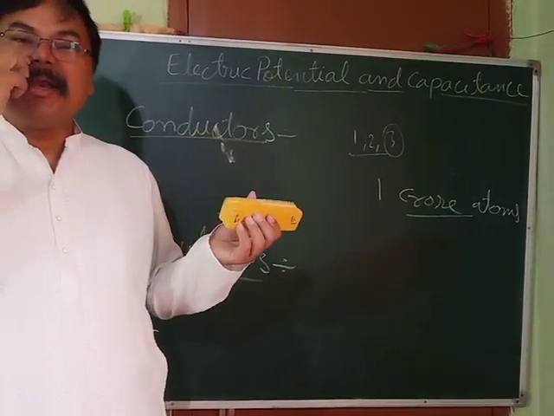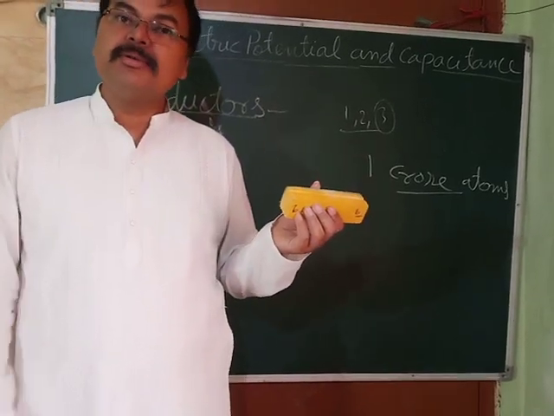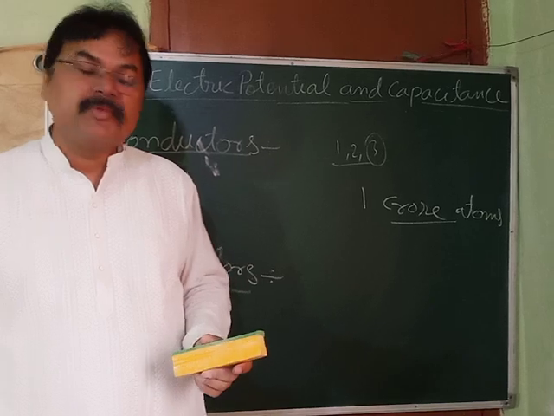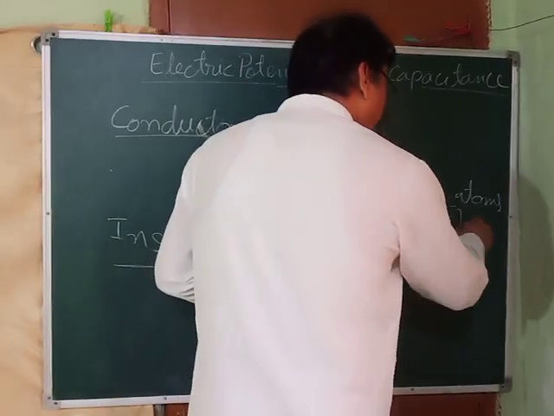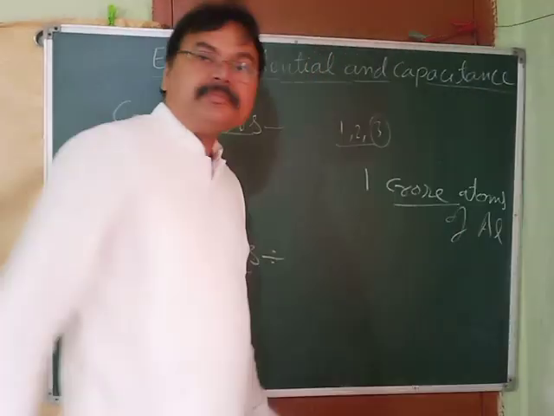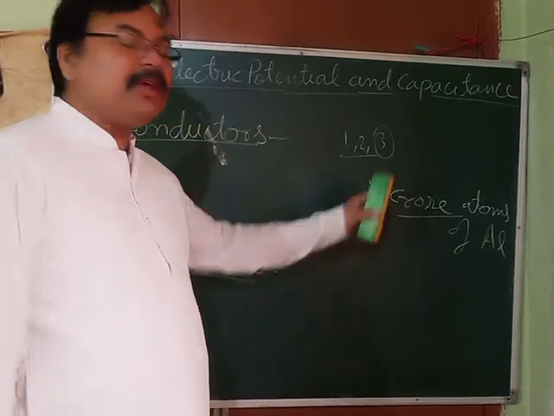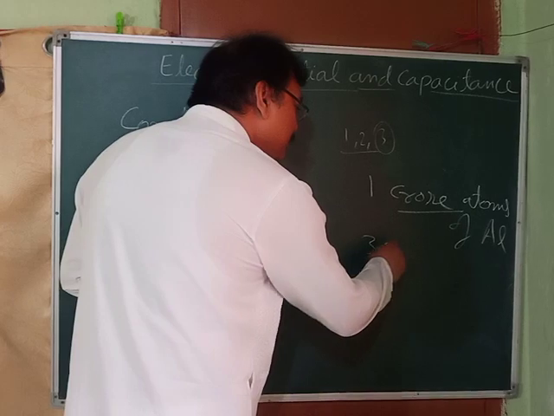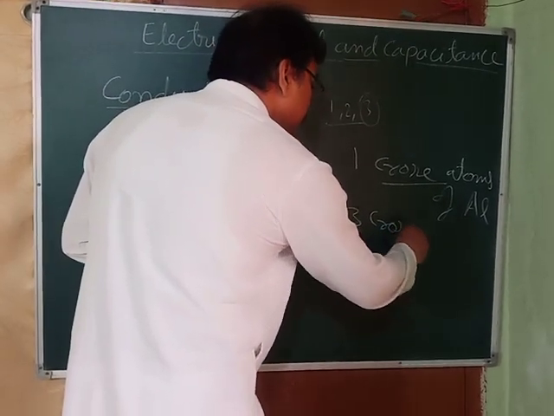Now 1 atom is going to contribute how many electrons? 3 electrons, because it is aluminium. So 1 atom will give 3 electrons, so 1 crore atoms will give how many electrons? Obviously you will get 3 crore electrons.